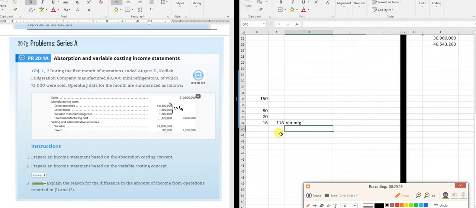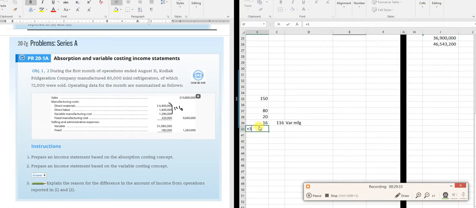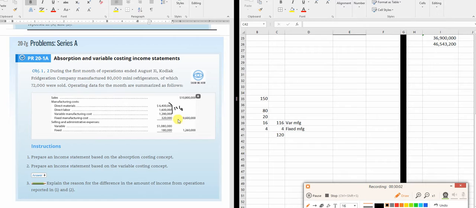Then I have my fixed manufacturing, and again I want it divided by the 80,000 units, so that's $4 per unit. I'm doing that for a reason. So this is my fixed manufacturing. My total is 120. So I'm going to have $4 here, and then a total of 120. Please make sure you write that down.